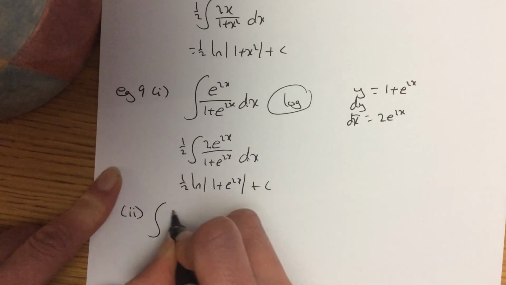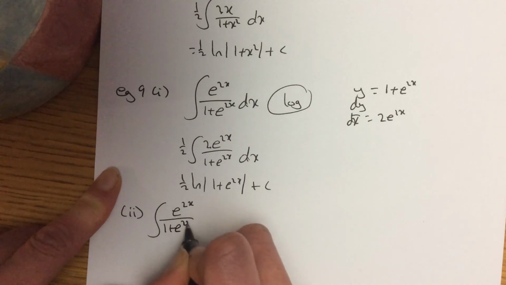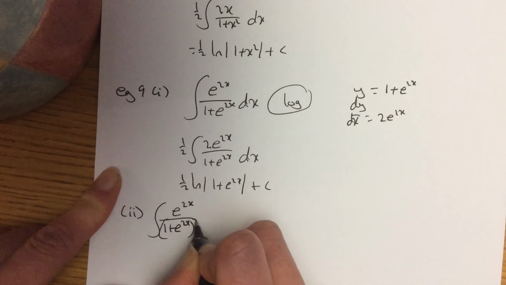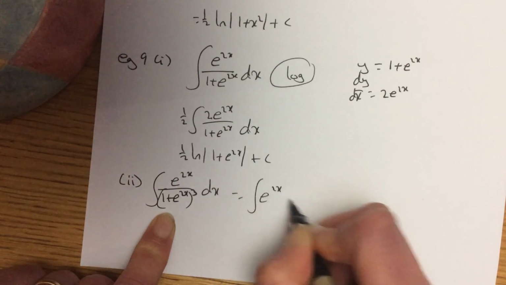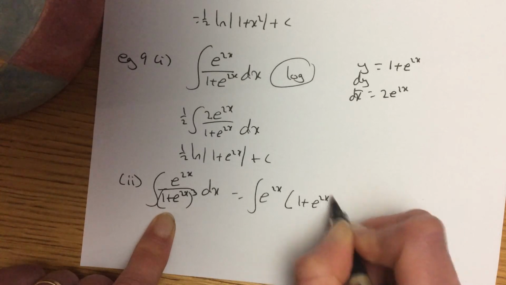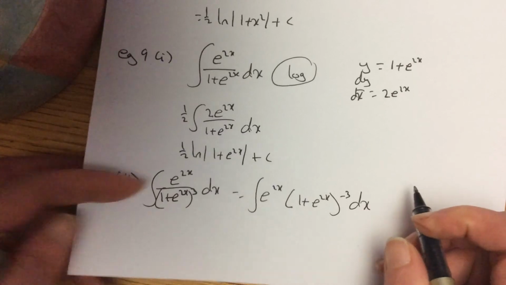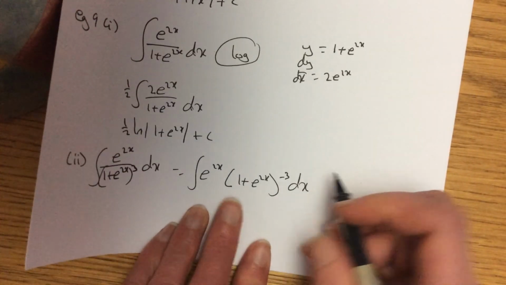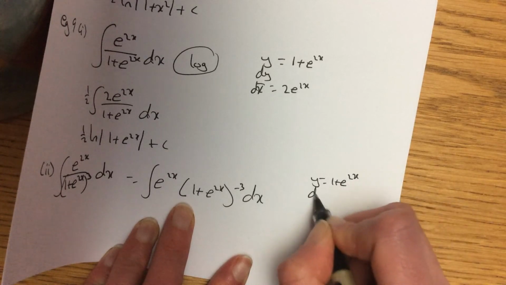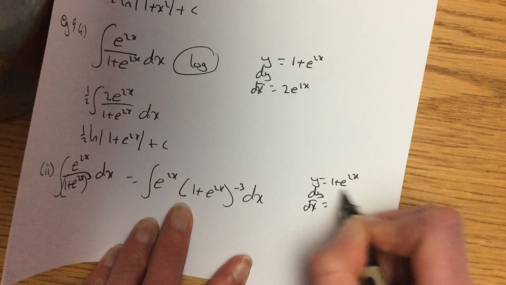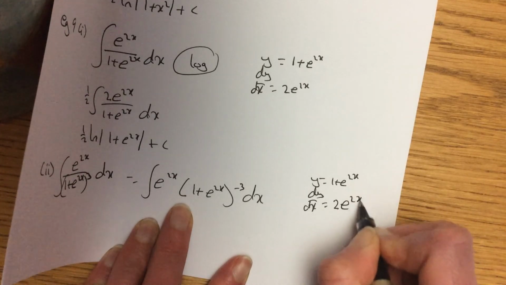And let's compare that to the second part. 1 add e to the 2x, cubed, dx. It's a bracket. So bring the bottom up as a minus 3. Before you can differentiate a bracket, you must have the derivative in front. Now, if you can't do that in your head, go over to the side. The derivative of this, differentiate an e, the derivative goes in front, and then the e function.